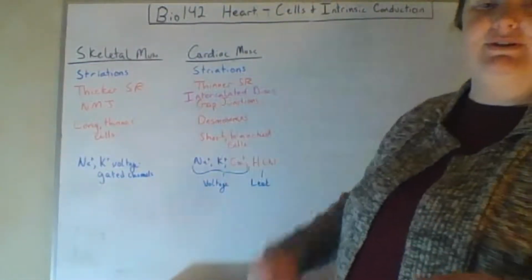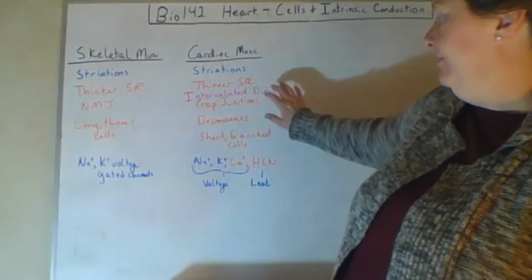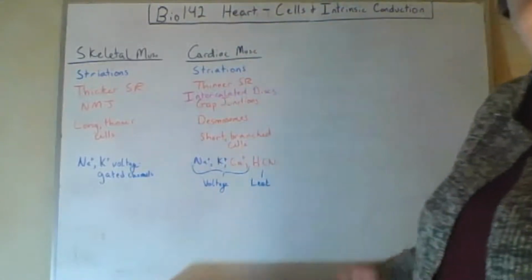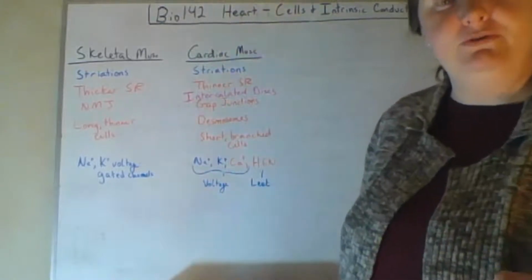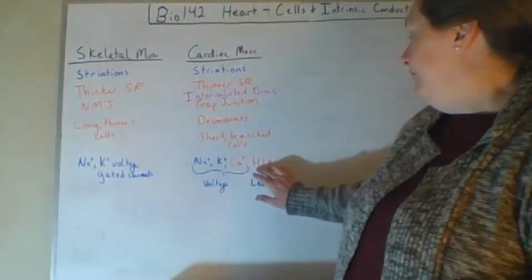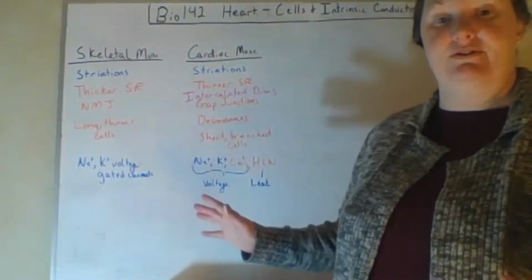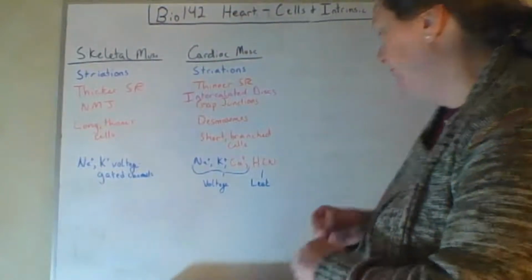We're also going to throw in calcium. So that makes sense, since the sarcoplasmic reticulum in cardiac is thinner. So interesting, right? But we're also going to throw in something else, HCN, these positive ion leak channels. We'll talk about that. Those are just in the pacemakers.